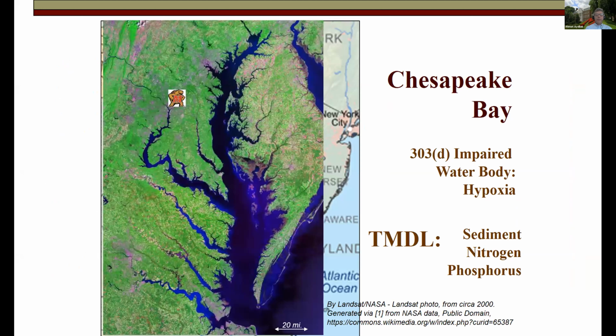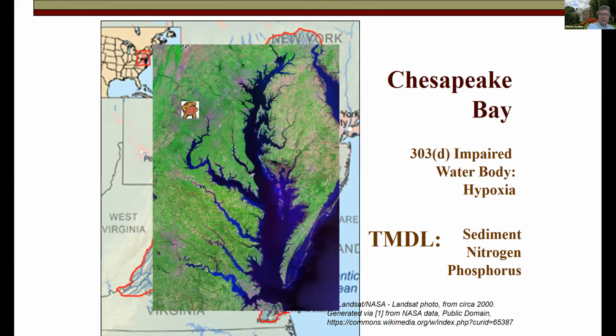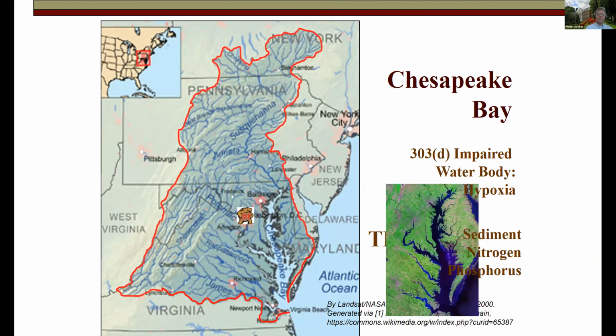We are in the Washington, D.C. area, the nation's capital, and that little TERP sign shows where the University of Maryland is located. Chesapeake Bay is of interest to us because it is the largest estuary in the United States, and there are several laws that protect the Chesapeake Bay at the local level as well as at the national level.